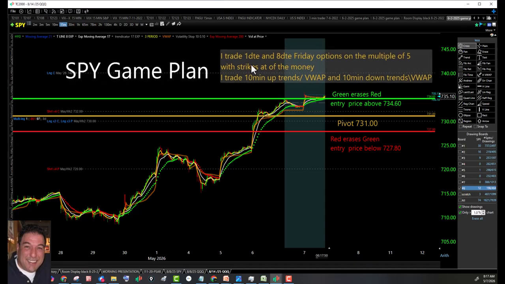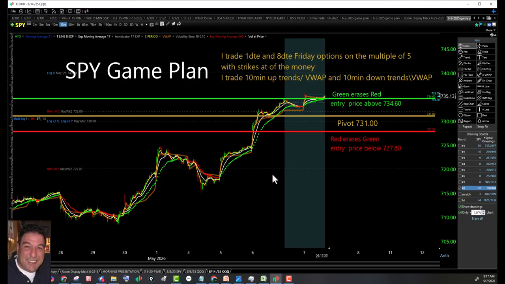I like Friday options on the multiple of 5, specifically for the open interest. Higher open interest usually means a lot of liquidity, like a tighter bid-ask spread, and I don't want a lot of slippage when I stop out. Okay, I like strikes at the money or a little bit out of the money, just maybe one strike over at the money.